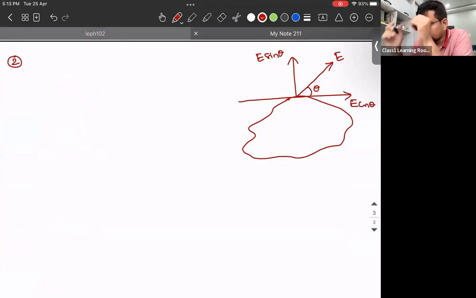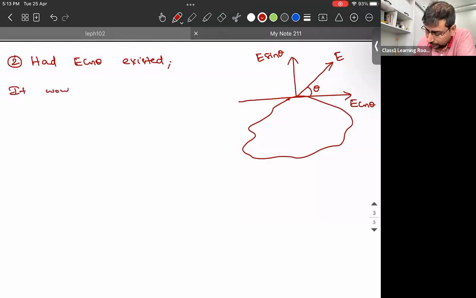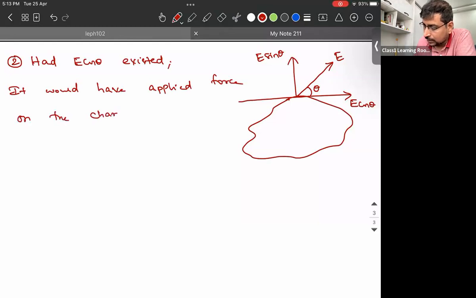So when they sit on the surface of the conductor, had E cos theta existed, right? Had E cos theta existed, then it would have applied force on the charges on the surface, right?